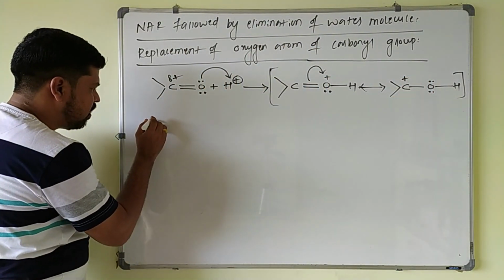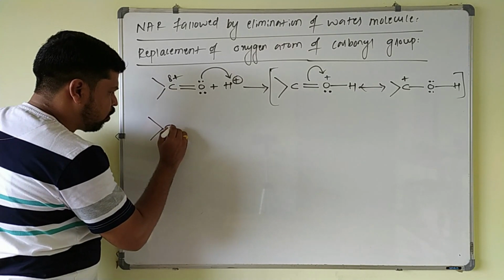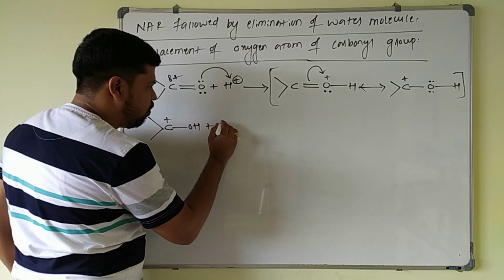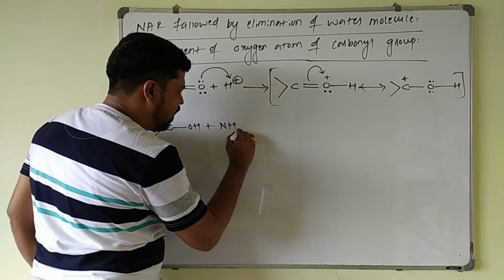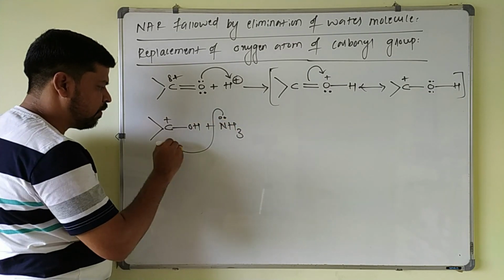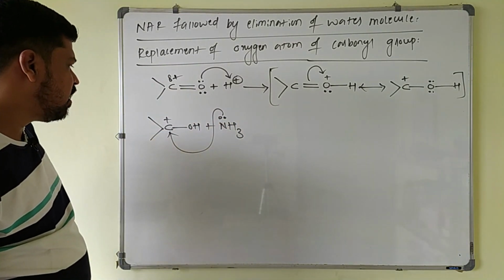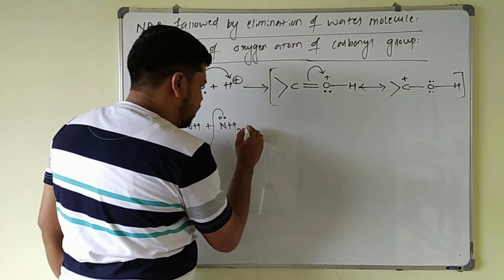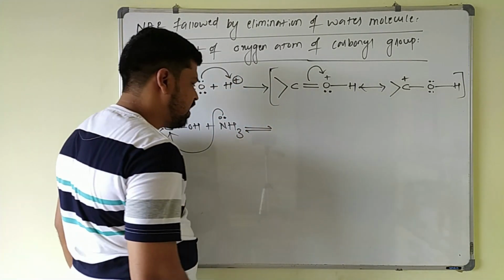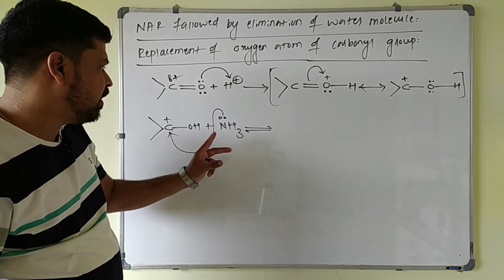So what happens here? If I take a protonated carbonyl group like this, this will be your OH. Now a weak nucleophile like ammonia, the lone pair of electrons on the ammonia will attack the protonated carbonyl carbon. Now there is a formation of an intermediate complex that is unstable.